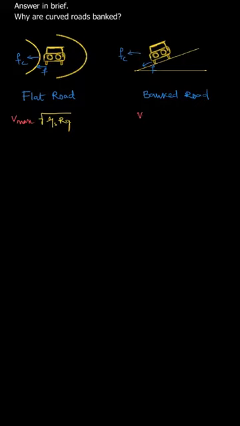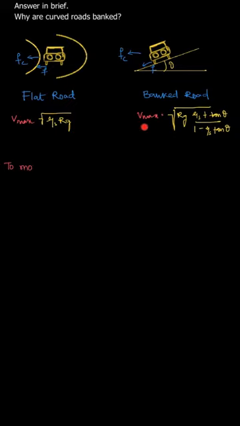Now, looking at the maximum permitted velocity for both roads. For the flat road, the maximum permitted velocity is the square root of mu s r g, where mu s is the coefficient of static friction, R is the radius of the road, and g is the acceleration due to gravity.